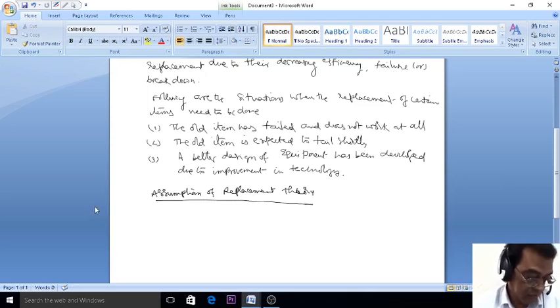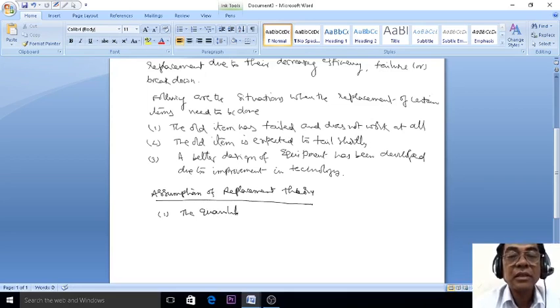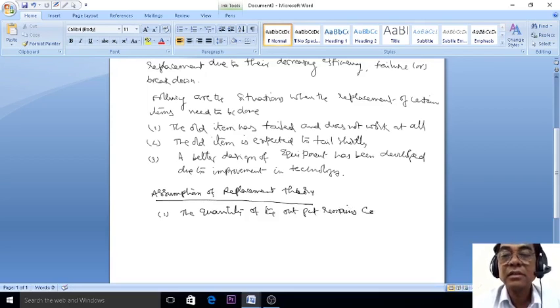Number one, the quantity of the output remains constant.